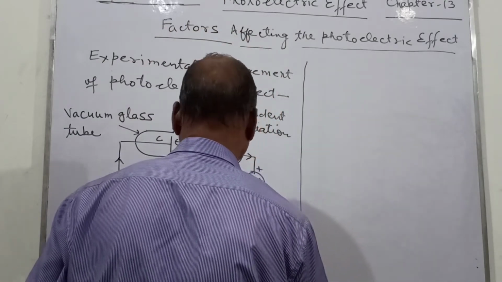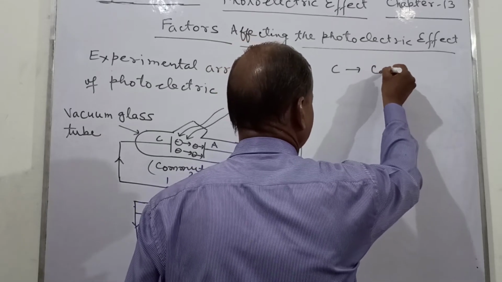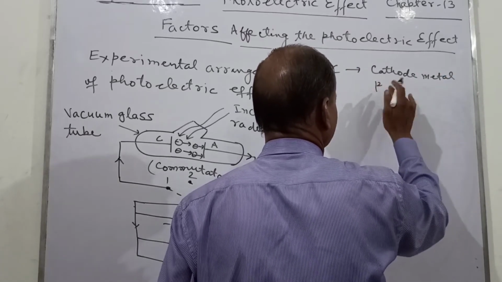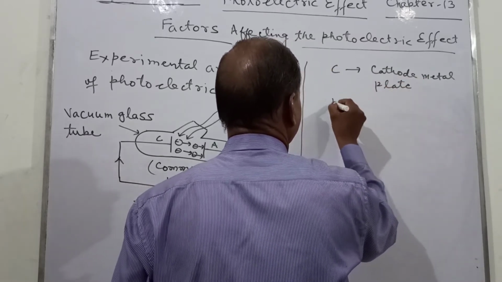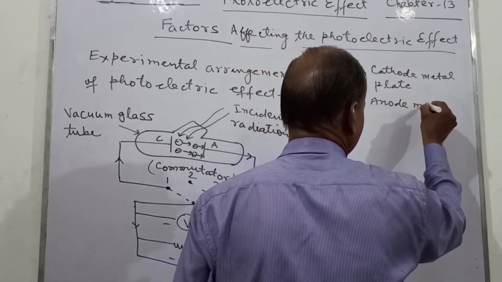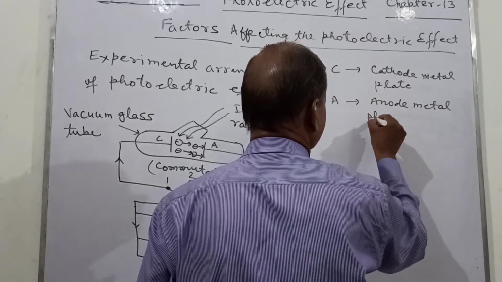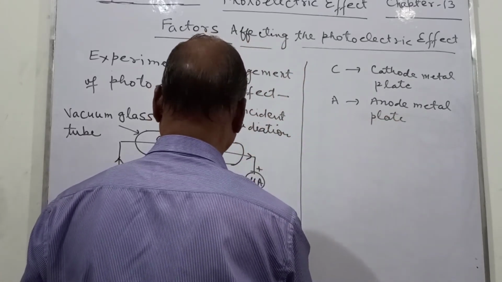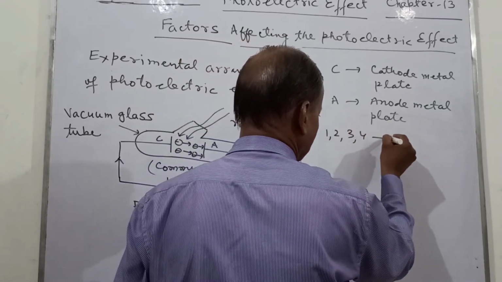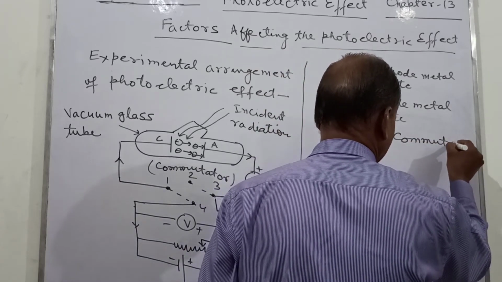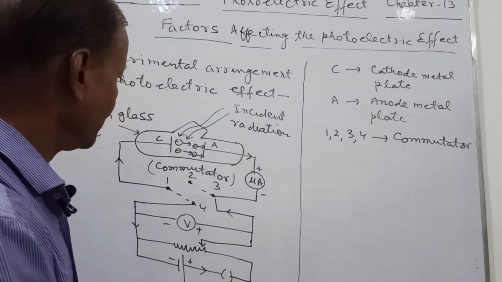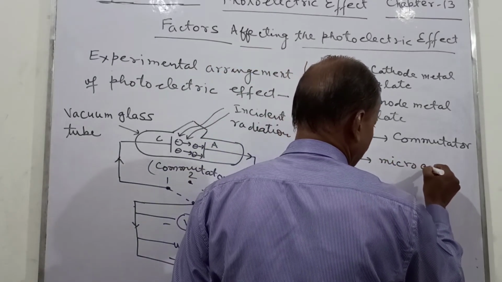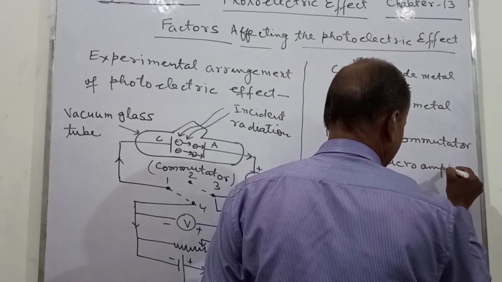Now here, this is the cathode, a metal plate, and the anode, a metal plate, and here we have the commutator with 1, 2, 3, 4, and the microammeter.